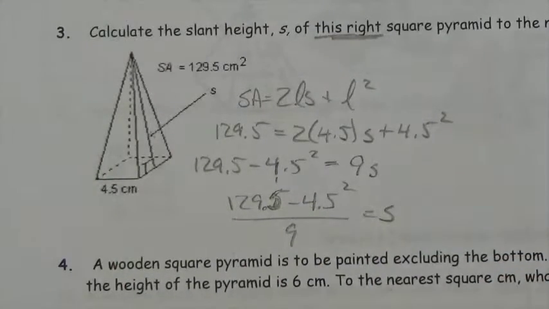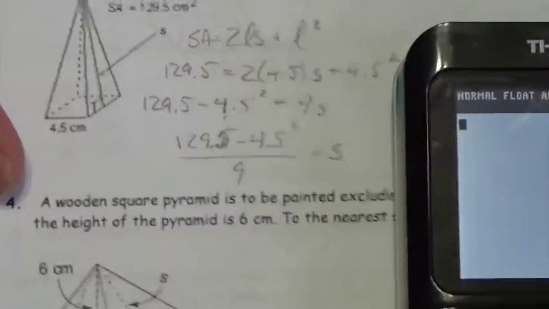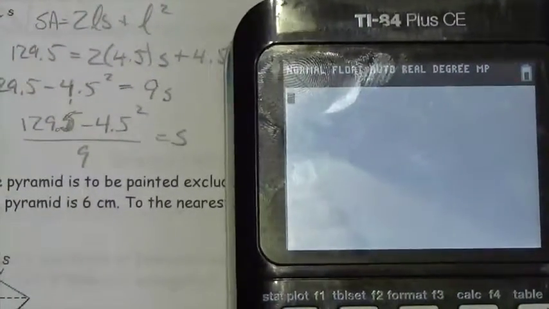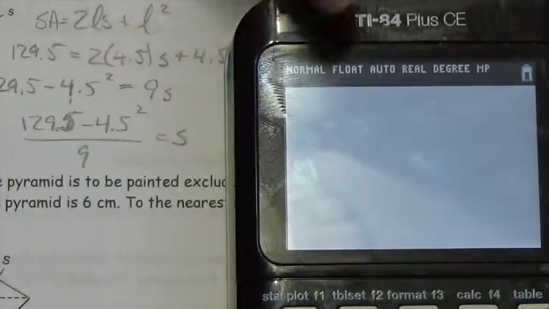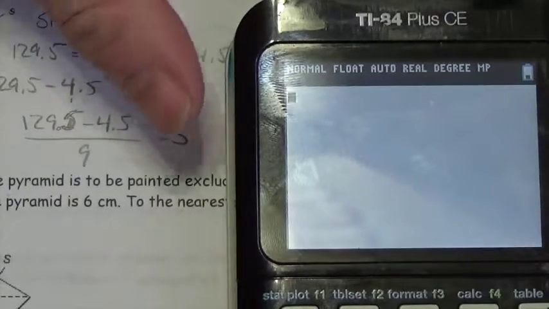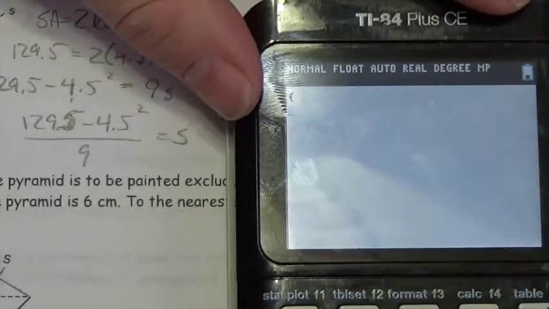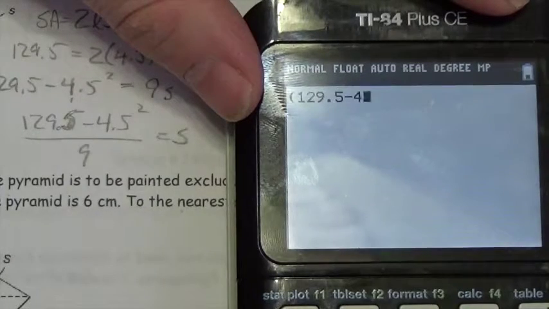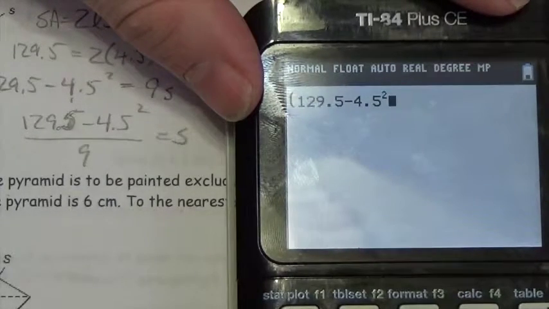So now, I know that I've mentioned this before, but we need to just say it again here. Part of the issue in this chapter is going to be entering things into the calculator correctly. Because there are two terms in the numerator, I need to put parentheses around that, minus 4.5 squared, and I've got to close the parentheses.